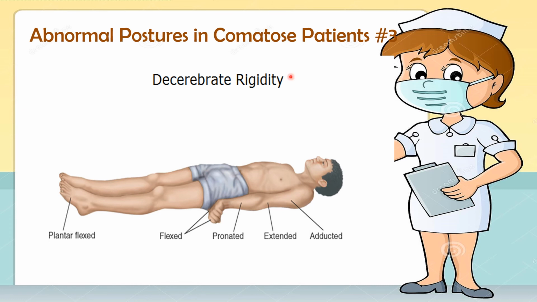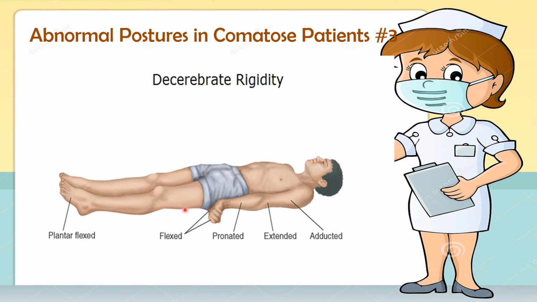Another abnormal posture in the comatose patient is decerebrate rigidity, also known as abnormal extensor response, wherein the jaws are clenched and the neck is extended. The arms are adducted and stiffly extended at the elbows, with forearms pronated, and the wrists and fingers flexed.